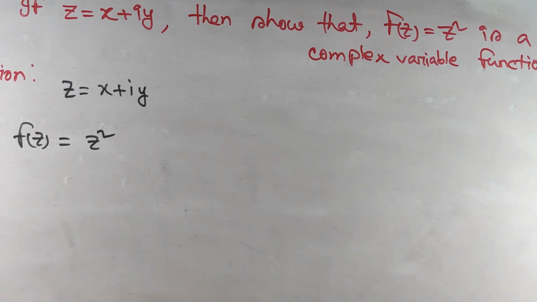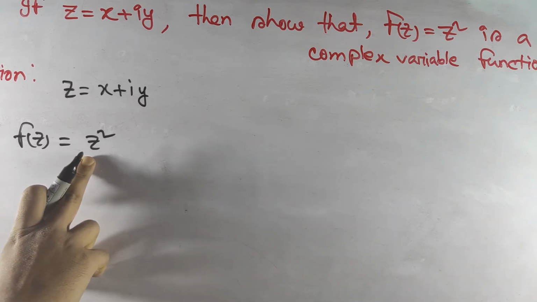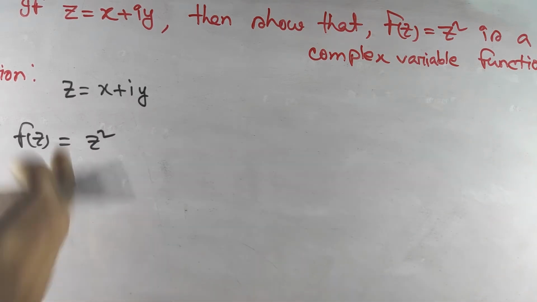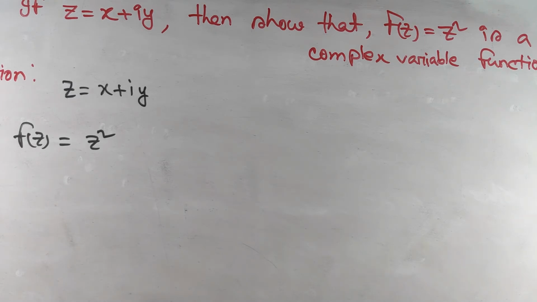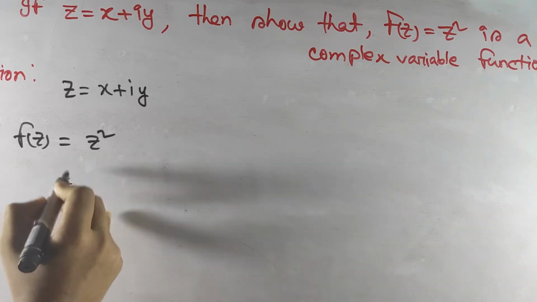We know that if a function is a complex variable function, it must have two parts, where one part is a real part, that means a real function, and another one is the imaginary part, that means an imaginary function. If we can divide z² into two parts, where one part is a real part and another is an imaginary part, then it will be a complex variable function. So let's divide it.